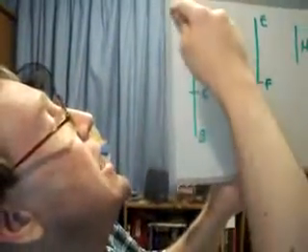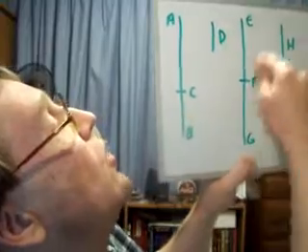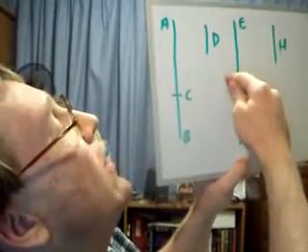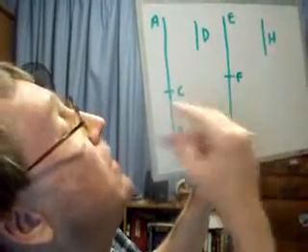So what's the ratio? As AC is to AB, so is the square on EF to the square on FG.